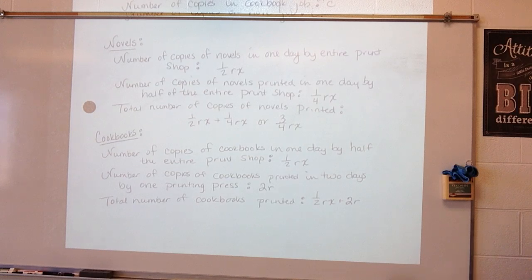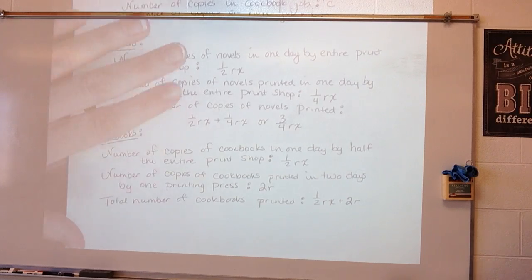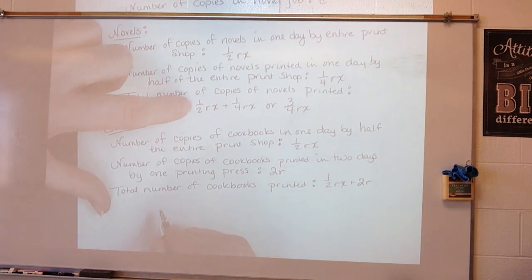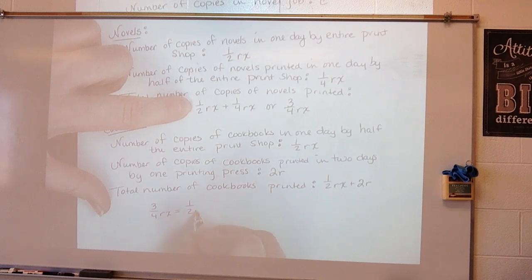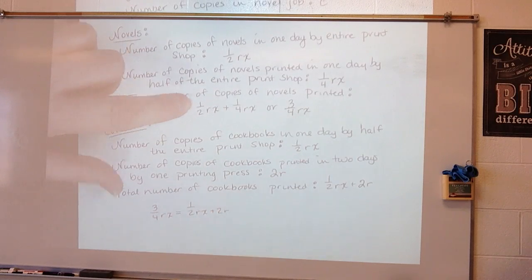Since the number of cookbooks and the number of novels are the same, we can write our equation. We can equate the expressions of the totals that we get. So 3/4 RX is equal to 1/2 RX plus 2R.